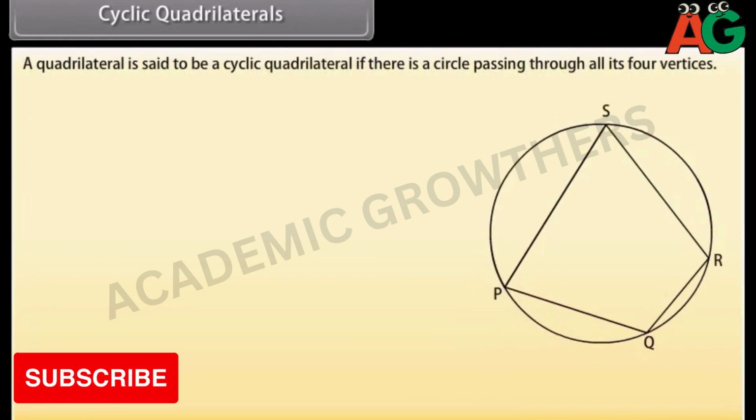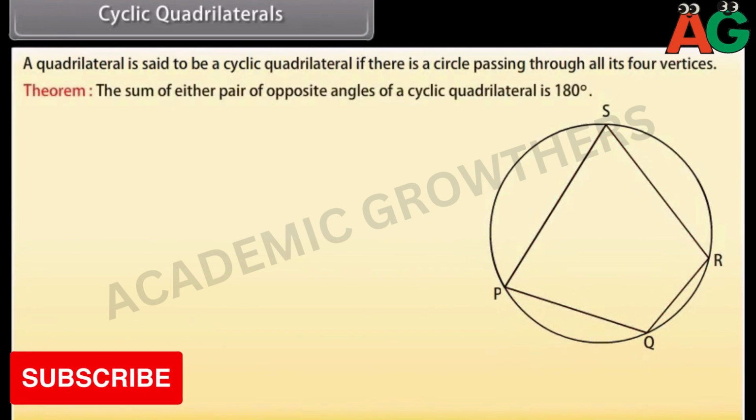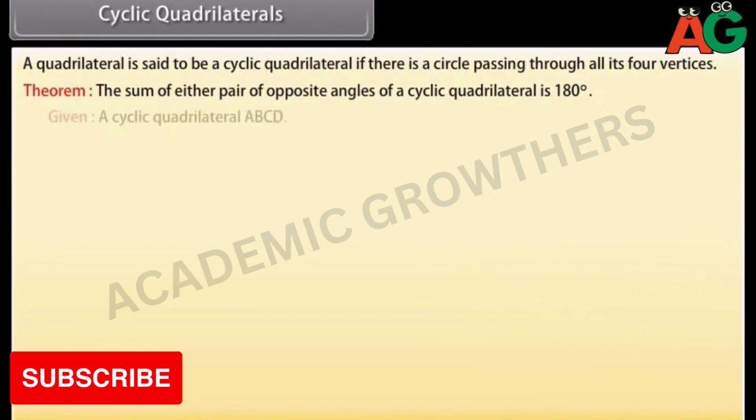Cyclic quadrilaterals. A quadrilateral is said to be a cyclic quadrilateral if there is a circle passing through all its 4 vertices. In the figure, PQRS is a cyclic quadrilateral. Theorem: The sum of either pair of opposite angles of a cyclic quadrilateral is 180 degrees.